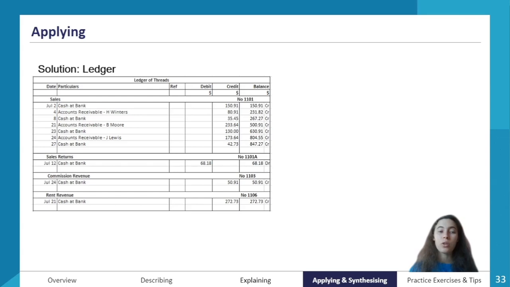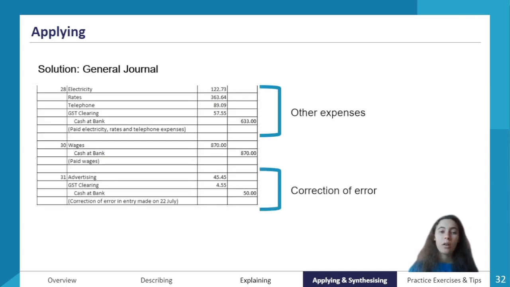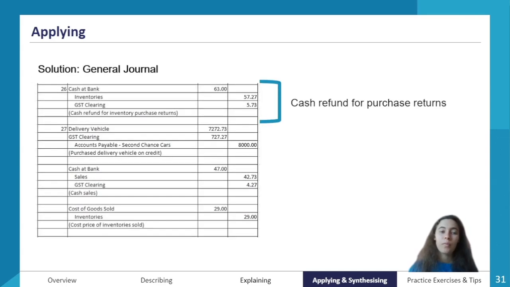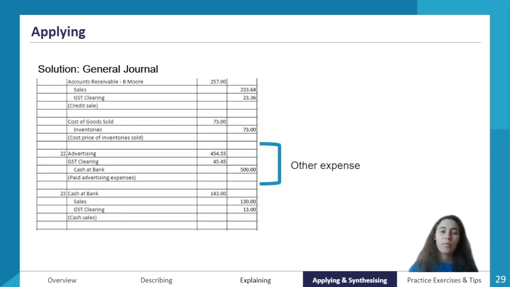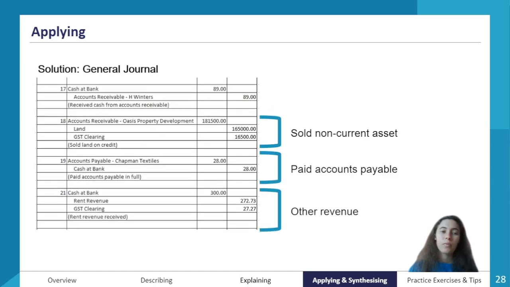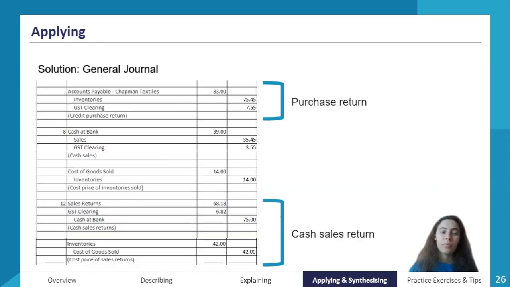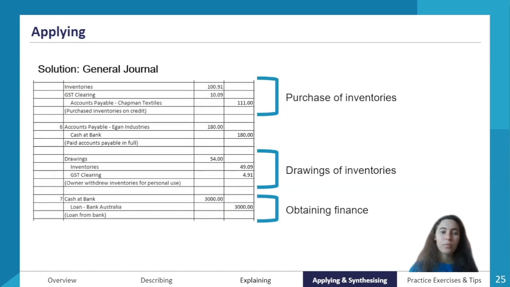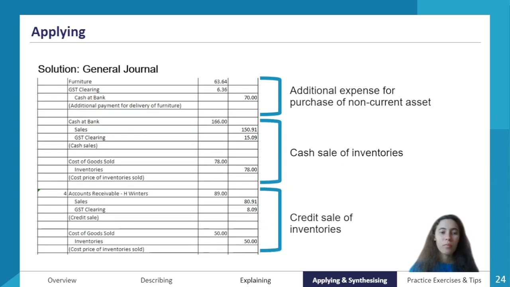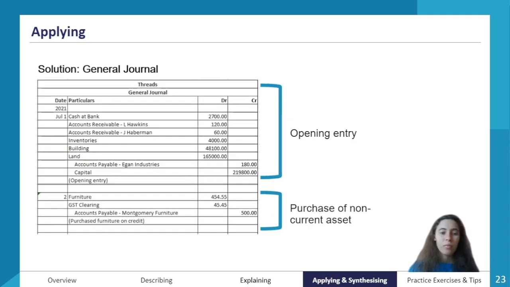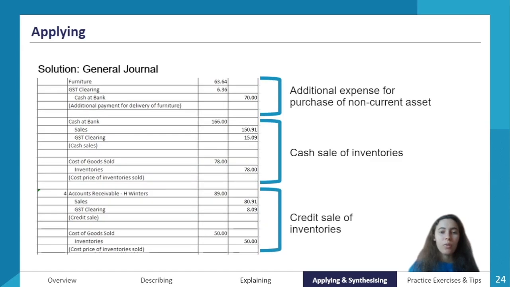So if we go to July 2nd to have a look, so we've got our, here it is here, the second one from the top. So we've got sales. That is what we're looking at in the ledger.